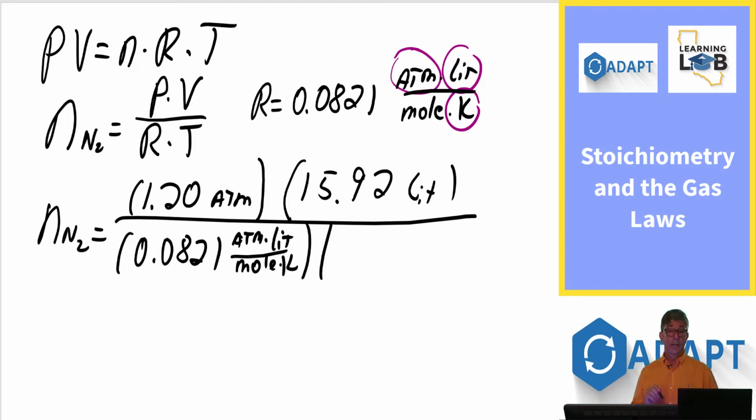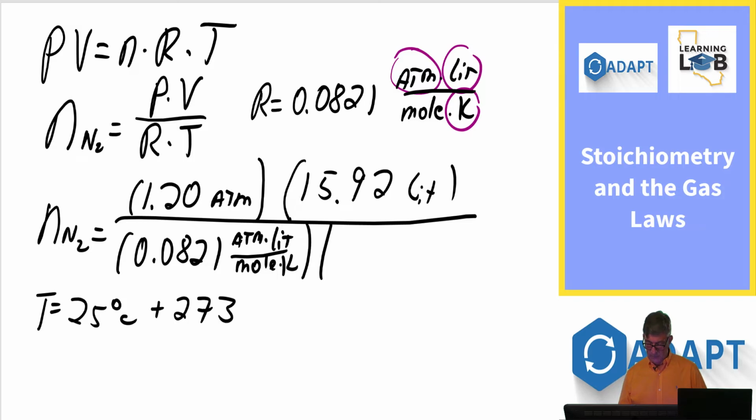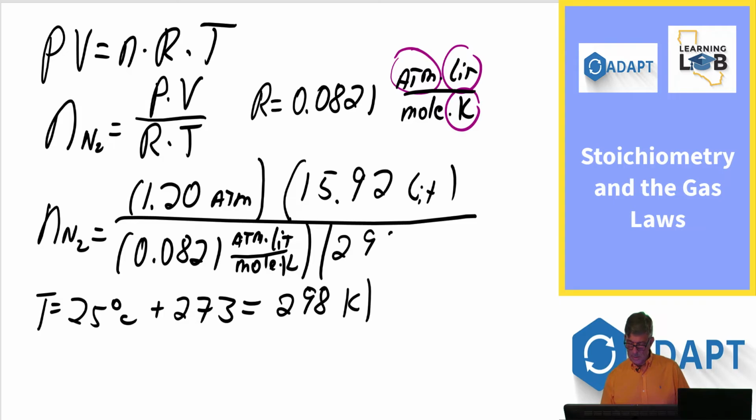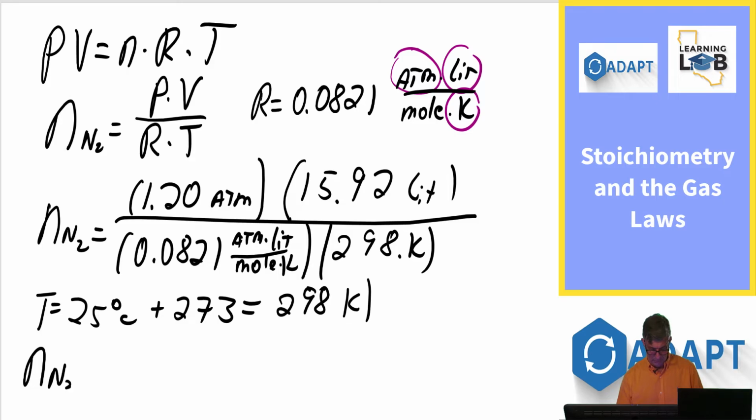Our temperature was not given to us in Kelvin; it was given at 25 degrees C. To get that into Kelvin, we add 273 to it, so our temperature equals 298 K. Now we can calculate the moles of nitrogen.